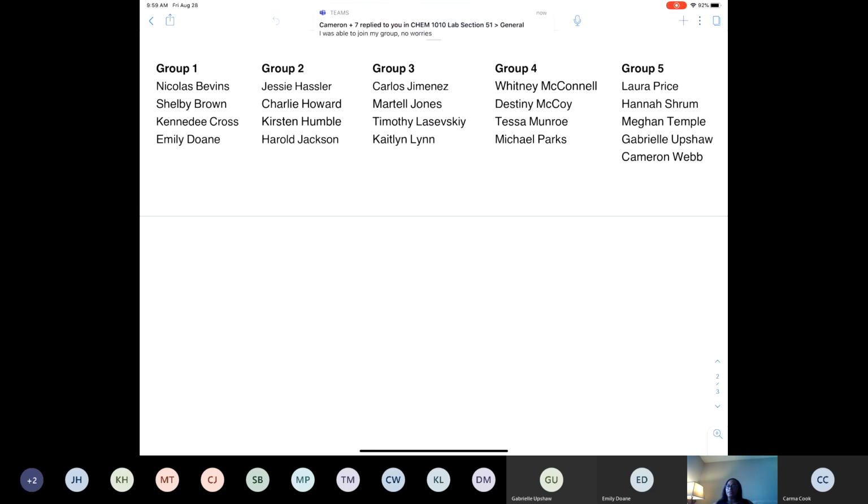Cameron, as far as joining your individual group room, if you click on the Teams icon on the left-hand side of our Teams meeting room, then the general, group 1, group 2, group 3, you should see those group choices come up, and just click on your assigned group. And let's see, any other questions in the chat box?